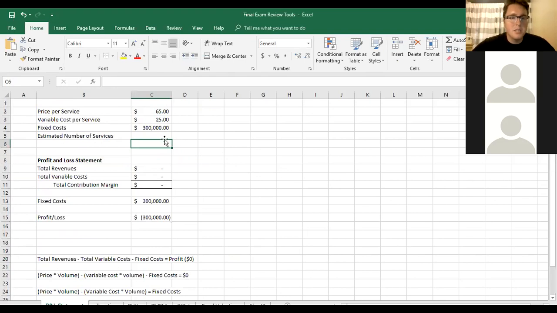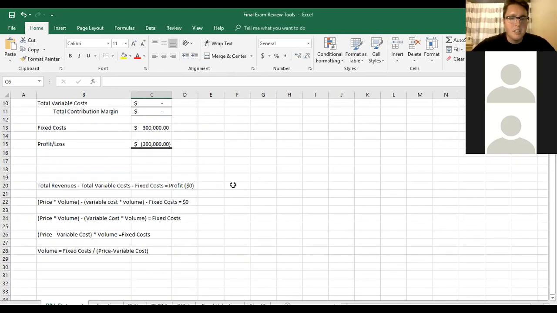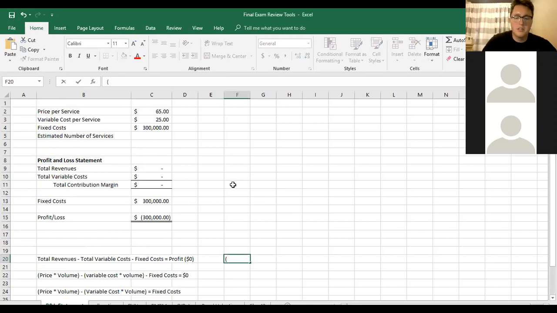So based on this information, I'm going to have my total revenues, which is simply my price, which is $65, times volume. Sorry about that.